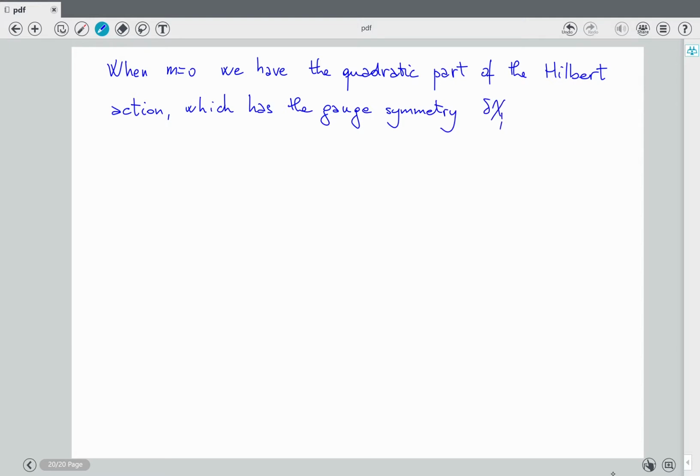Delta chi mu nu equals del mu epsilon nu plus del nu epsilon mu.